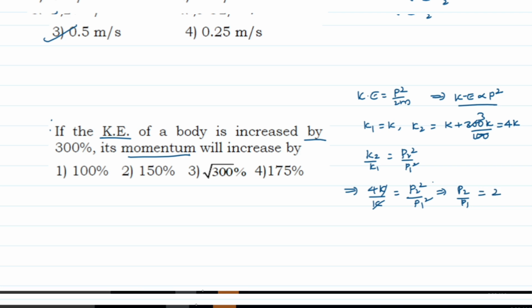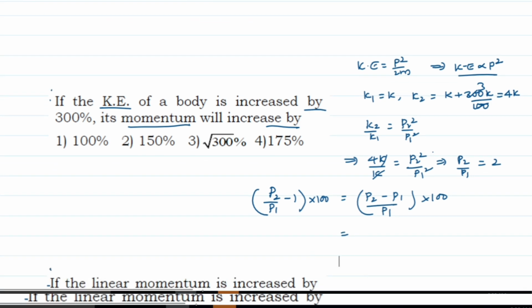Now, students, we need to calculate the percentage change. Increase in momentum is P2 by P1 minus 1 into 100, that means final minus initial by initial into 100. It is P2 minus P1, and the P2 value is 2 times P1.